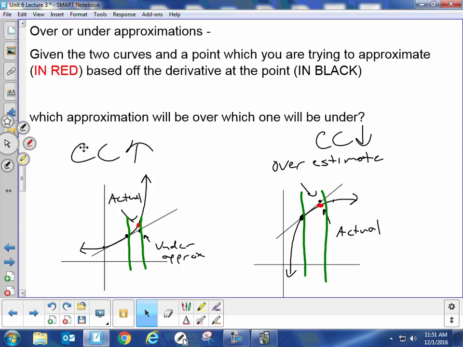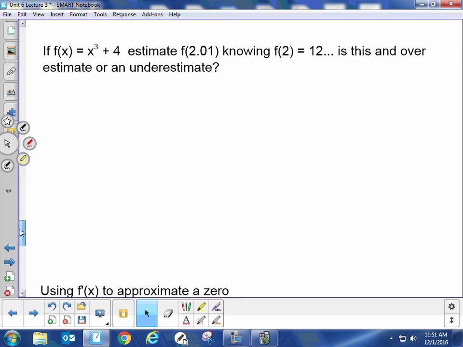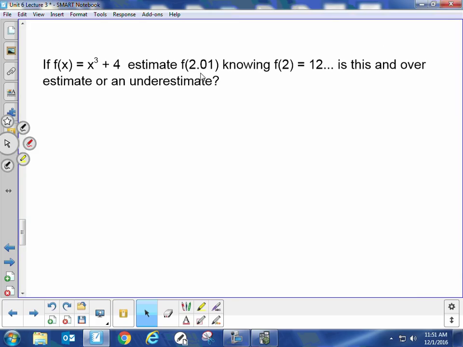Okay, so now we can go a step further. By examining the concavity, we can tell if our approximations are over or under. Let's look at x cubed plus 4. We're going to approximate f of 2.01, knowing f of 2 is 12. Before we jump into the approximation, let's recall how we discovered the concavity of something.